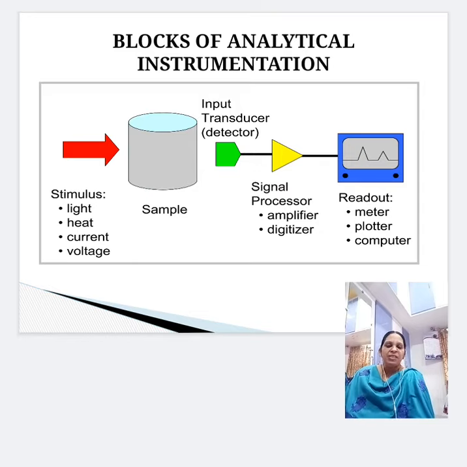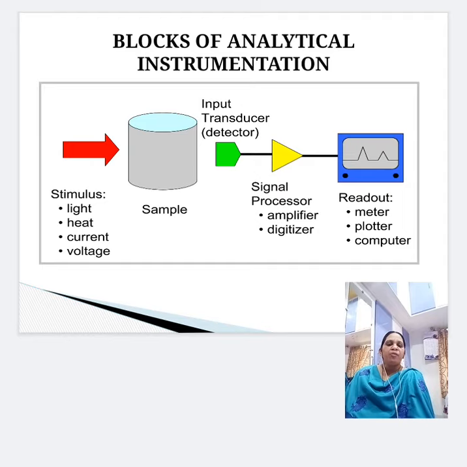Then what happens? This information is given to the transducer. The transducer converts this information into a useful form. A non-electrical quantity is converted into an electrical quantity, and that electrical signal is not sufficient to drive your display system. So this signal is to be processed, and it is processed by a signal processor, which may be an amplifier or a digitizer.